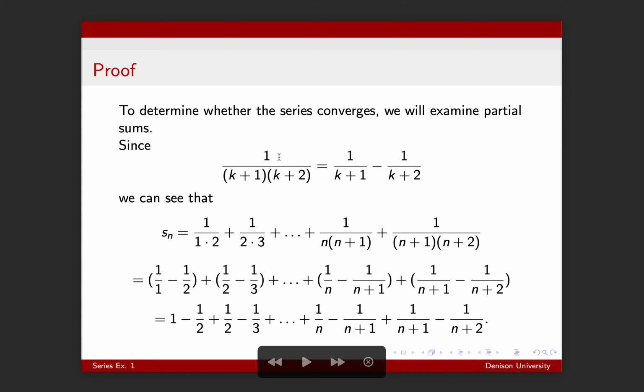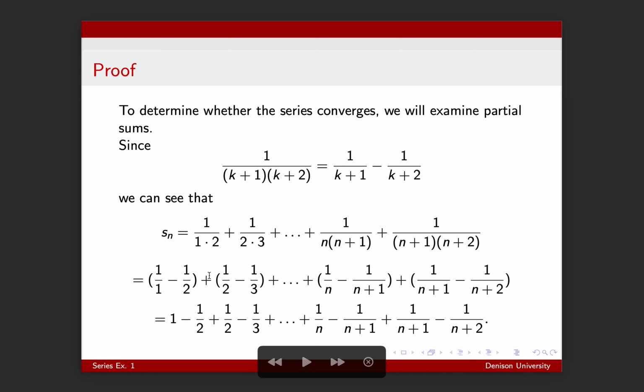Because we showed that this form is equal to this form, we can transform the partial sum to be written in the form 1 over (k plus 1) minus 1 over (k plus 2). So we get 1 minus 1 half, plus 1 half minus 1 third, plus ... plus 1 over n minus 1 over (n plus 1), plus 1 over (n plus 1) minus 1 over (n plus 2).